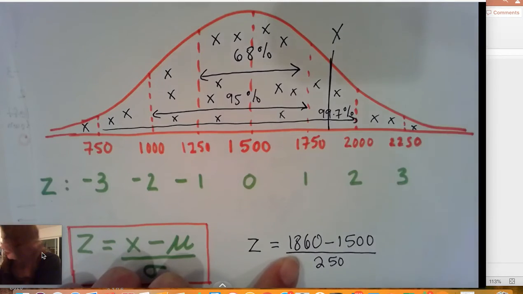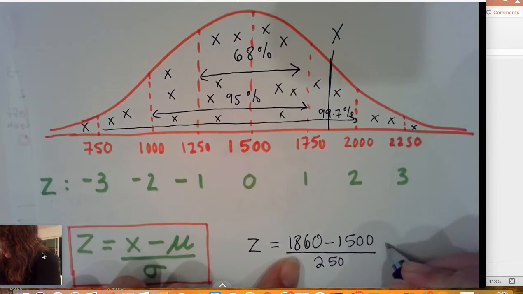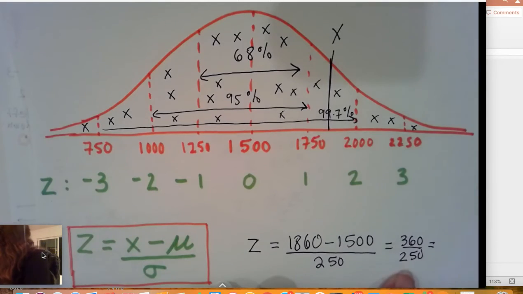So when we calculate this, I could enter it into a calculator and get the exact value. I'd do 1860 minus 1500, and that would give us 360. And 360 divided by 250 is what? So we can just enter 36 divided by 25.